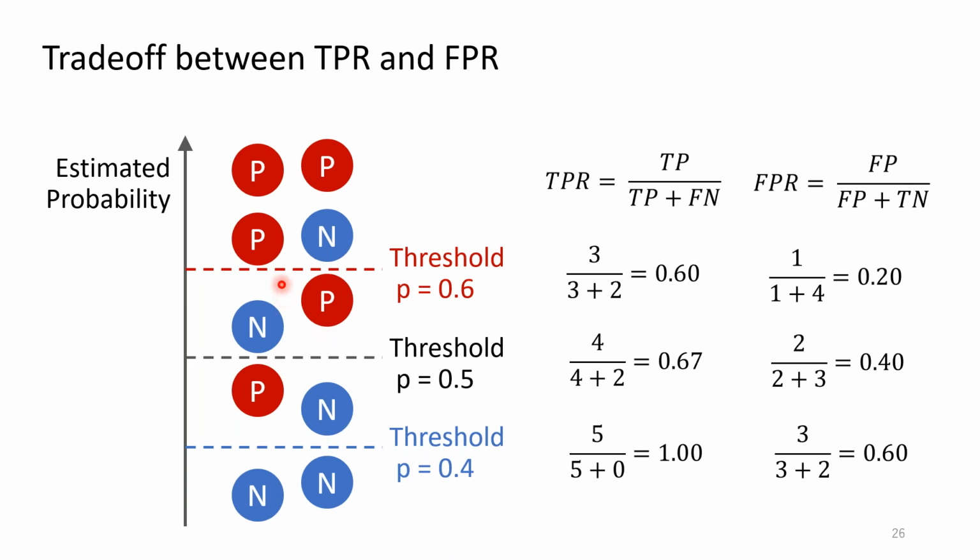On the other hand, if we lower the threshold to 0.4, the TPR increases to 1.0, but the FPR also increases to 0.6. So we can see that the trade-off between TPR and FPR exists.